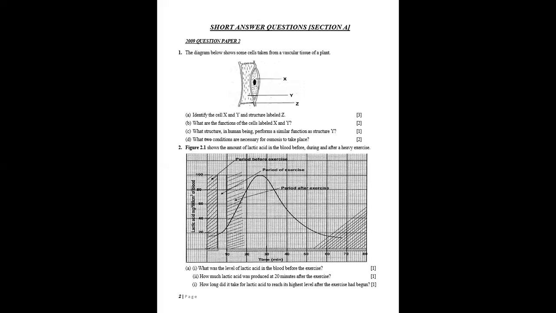What are the functions of the cells labeled X and Y? The function of X, the companion cells, is to supply energy to sieve tubes. The function of Y is that it transports food to different parts of the plant.